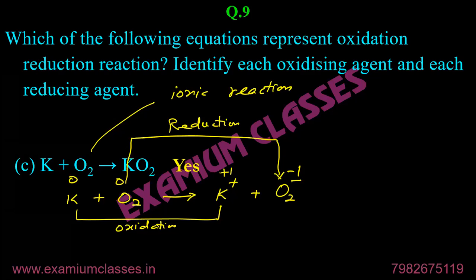So a few facts we have to remember: when K plus O2 forms potassium superoxide, KO2, then it's an ionic equation and it is a redox reaction.